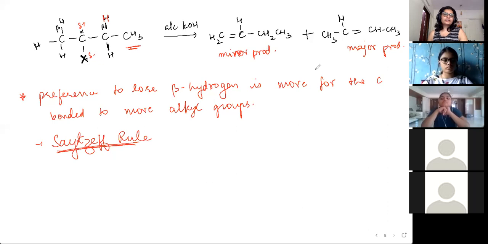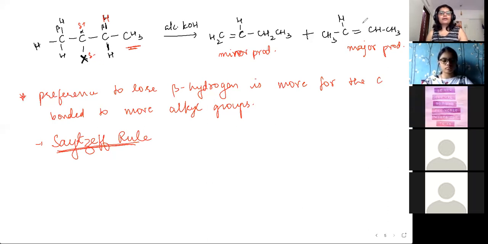One way to look at it is that the double bond will be formed where hydrogen will be eliminated from the carbon with fewer hydrogens anyway. It is the reverse of Markovnikov, right? You remember what the Markovnikov rule says?